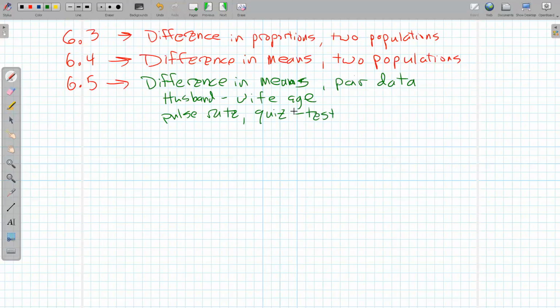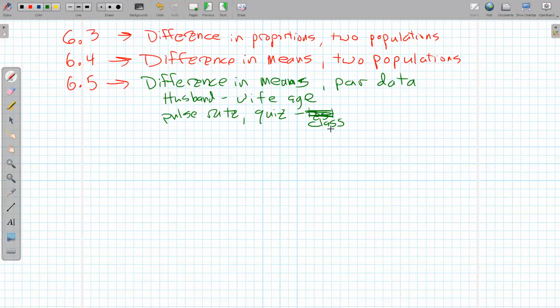And these are paired because the husband and wife are a couple, right? My wife is Michelle, and she is a year older than me. I don't have a different wife. And as far as the pulse rate is concerned, we're not comparing my pulse rate to your pulse rate. We're comparing my pulse rate on the quiz to my pulse rate in regular class. So sometimes data is paired.